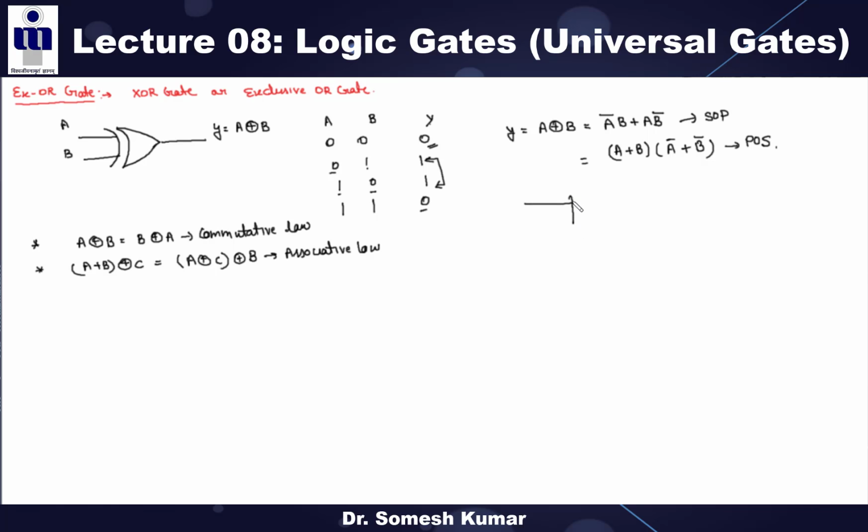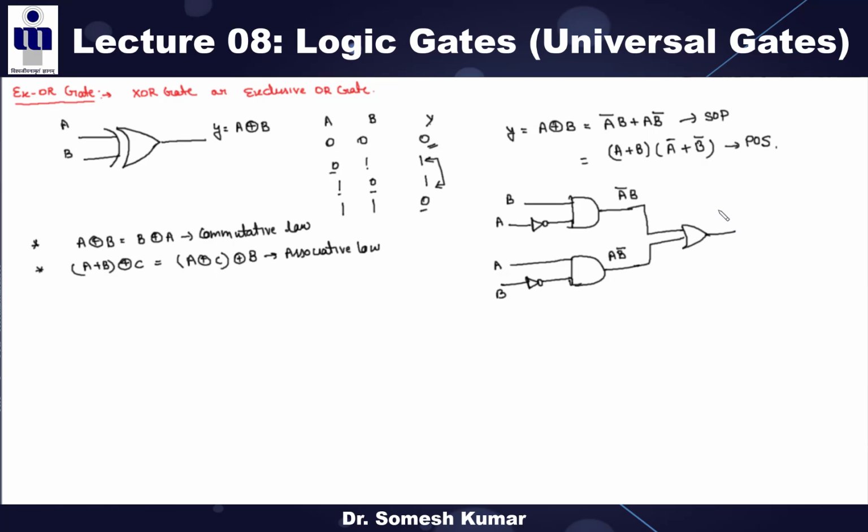You all know this is an AND gate of A bar and B. So this is A bar, this is A, this is B, and the output of this AND gate is A bar B. Similarly, with the other AND gate, this is A and this is B bar, and the output is A B bar, and both are given to your two input OR gate, right?